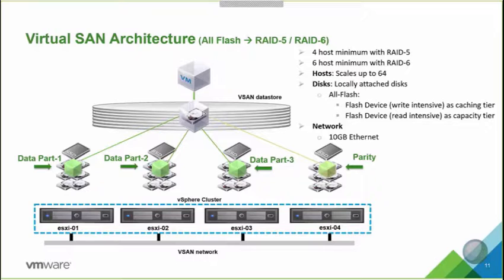So in a mirror situation, I literally have 2 times my data that's being consumed. So if you have 10 terabytes of storage raw, you're actually only able to consume up to 5 terabytes because I have to double copy everything. If you're using RAID 5, you actually get 75%, because you're only actually doing 1.3 times the data as opposed to 2. So your actual return is a much, much higher return on that.